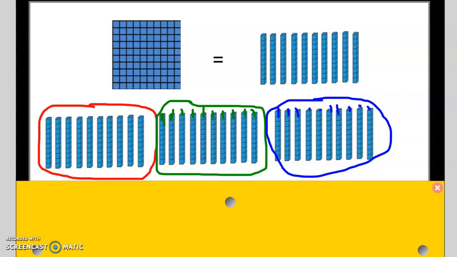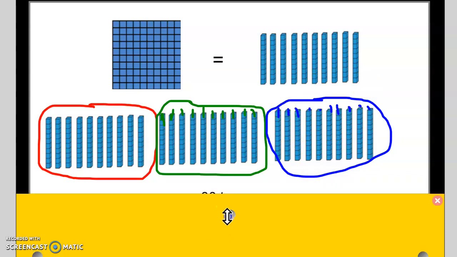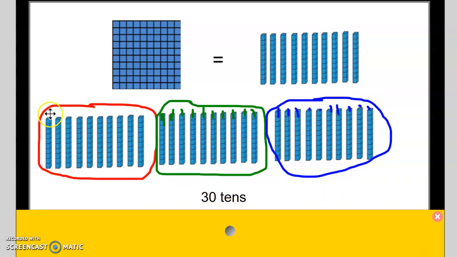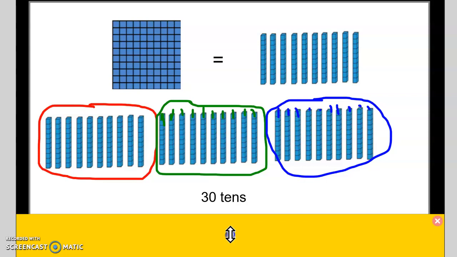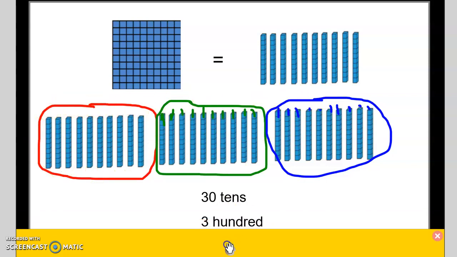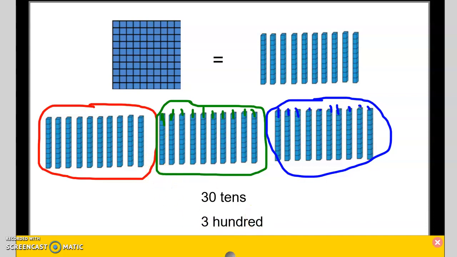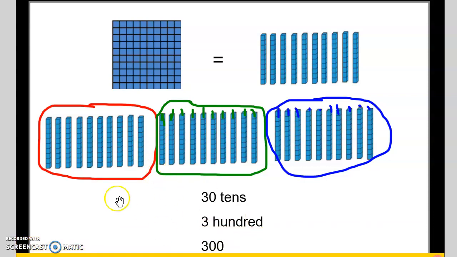So what do you think my new number is going to be if I have 1, 2, 3 bundles of 10? 30 tens, 10, 20, 30. There are 30 of my tens units here, which gives me, remember, each bundle of 10 is 100, so that's 100, 200, 300. So I have 300.